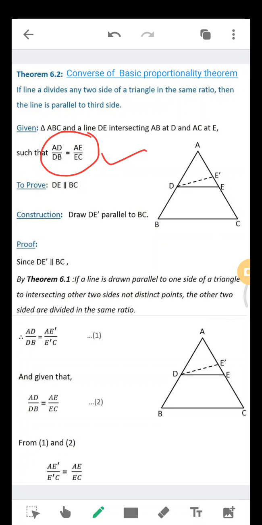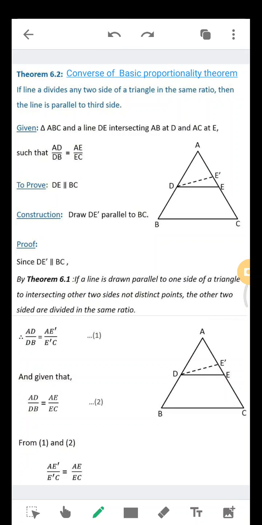So they have interchanged. So this is called the converse of BPT, the basic proportionality theorem. A statement can be given and you will be asked to prove a theorem, or only the name of the theorem will be given: state and prove the converse of basic proportionality theorem. Let's see, it's a very simple theorem.